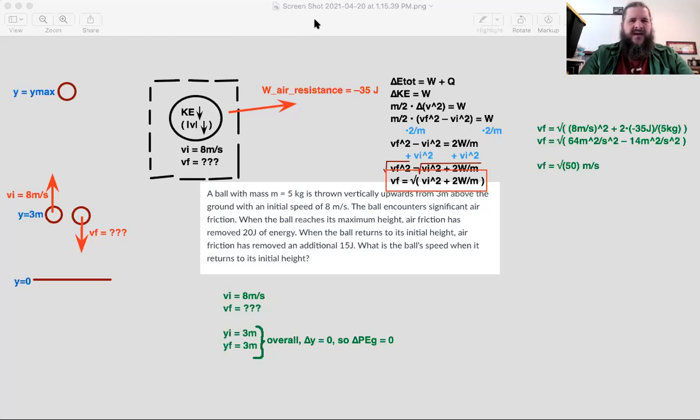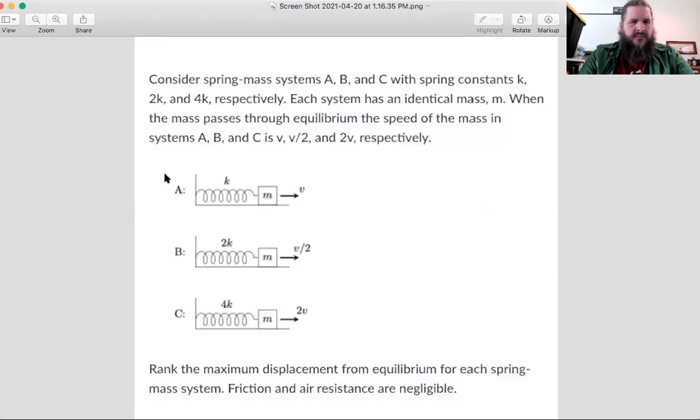All right, then let's take a look at that other quiz question as well. The, where was it? The two spring mass systems. This one?